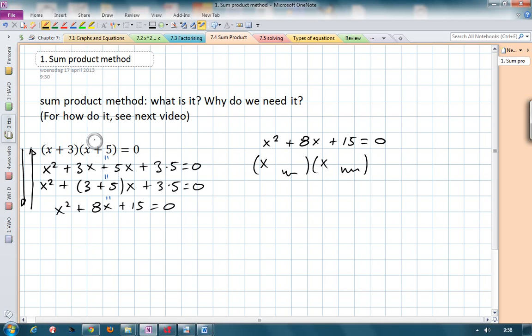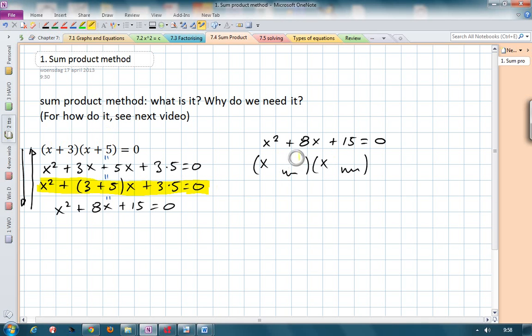If I look at my steps here on the right, I'm now going to highlight this one because really this is the most important step, which tells us about how to undo this multiplying out of the brackets. Because here we see that this 8, where does it come from? It comes from adding the 3 and the 5. The 3x plus 5x gives me that 8, (3 plus 5)x. Where does that 15 come from? It comes from the multiplication of the 3 and the 5. It gives you the 15.